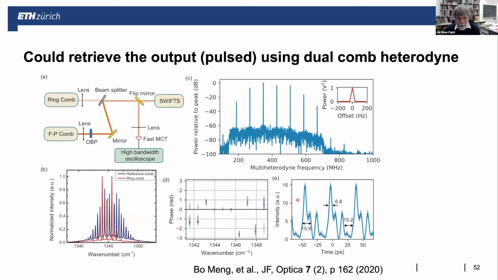So another interesting thing was that we could retrieve the shape of the output by doing again, one of these SWIFT spectroscopy, by mixing this ring comb with a Fabry-Perot comb, and doing a dual comb experiment and a SWIFT experiment, and using this information, basically get the time profile of the output of the device, which actually was surprisingly intensity modulated.